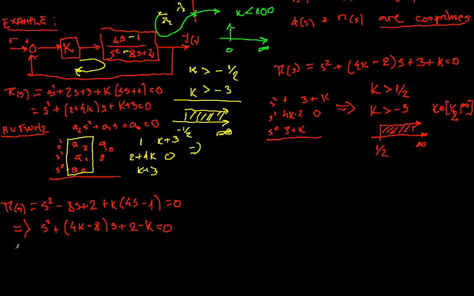The conditions have to be now, the same way as from the curvature table, 4k minus 8 greater than 0 and 2 minus k greater than 0, which implies that k has to be greater than 2 and smaller than 2. Obviously, no k exists.